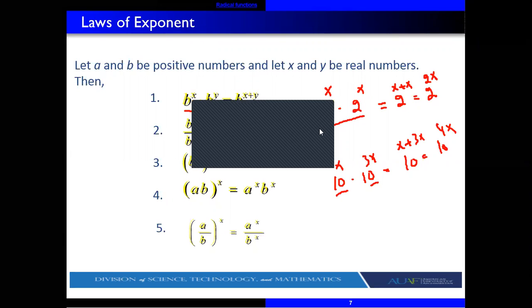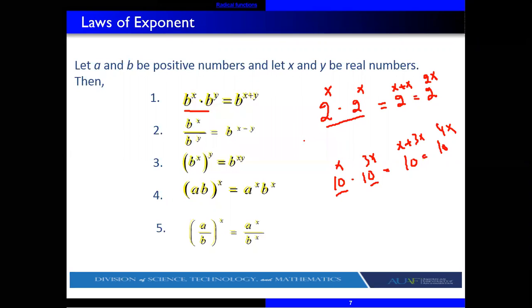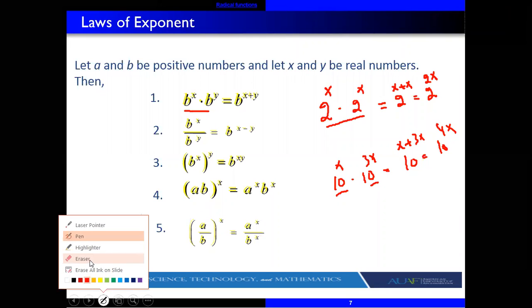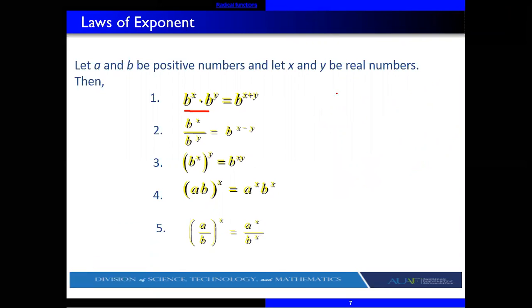The second rule is the quotient rule, or division rule. For example, when two numbers are divided, we have a power x divided by a power 2x.